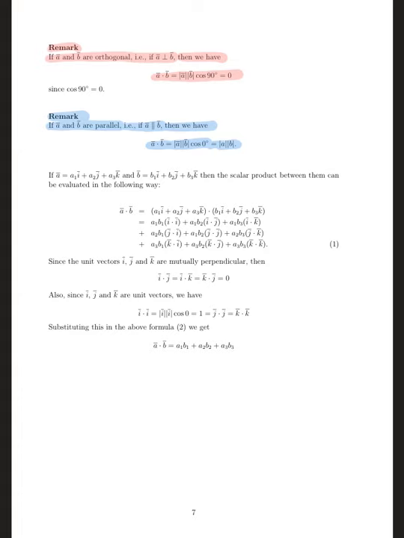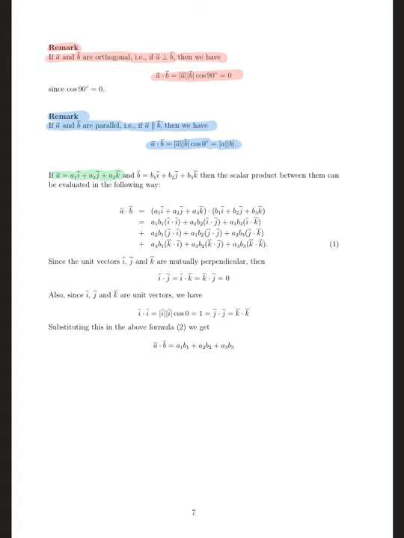Next, let's look at doing the dot product with vectors that are broken up into their component vectors. So i, j and k here are the unit vectors in the x, y and z directions. So we've broken up A into A1, A2 and A3, the components. So A is equal to A1 times i plus A2 times j plus A3 times k.